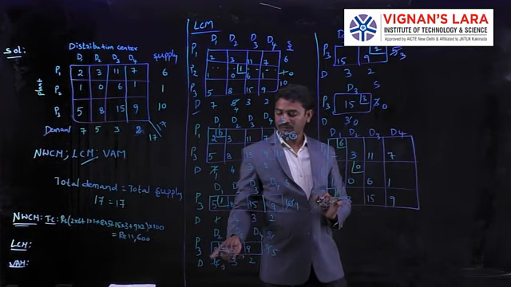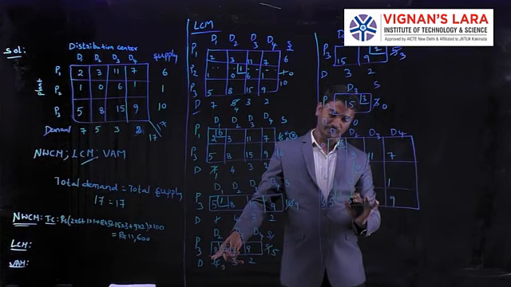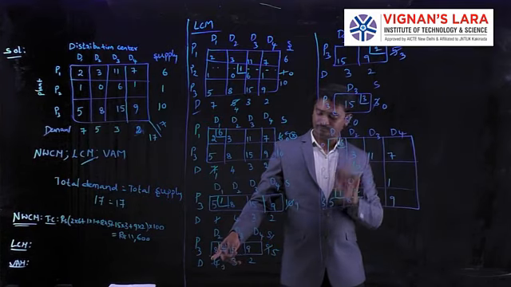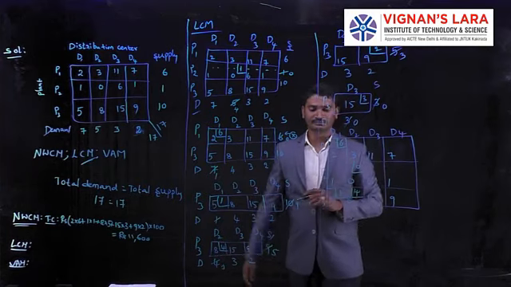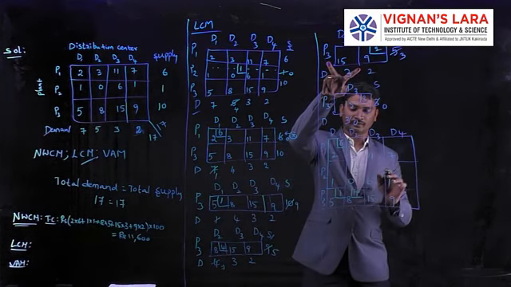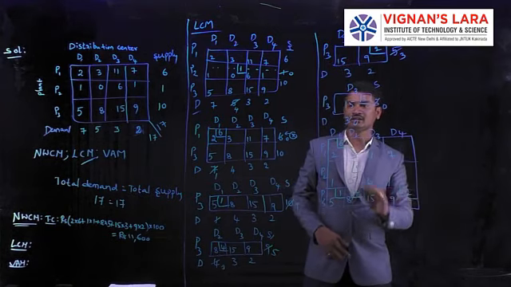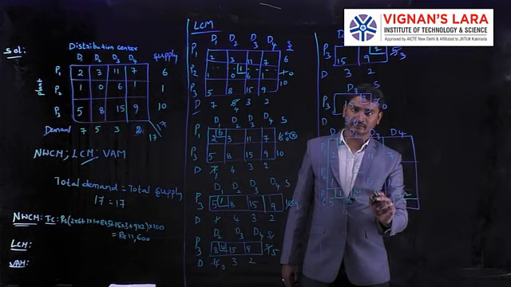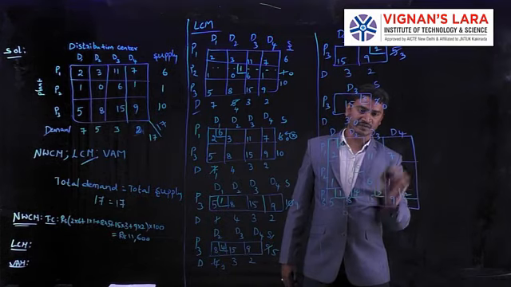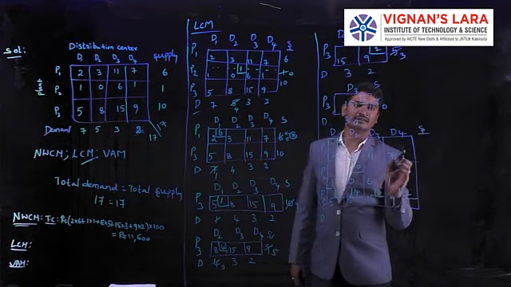Next P3, D2 is 4 units. Next P3, D4 is 2 units. Next P3, D3 is 3. So we are going to check whether supply and demand are satisfied or not.